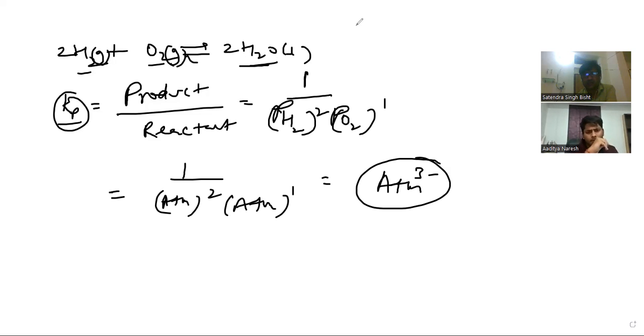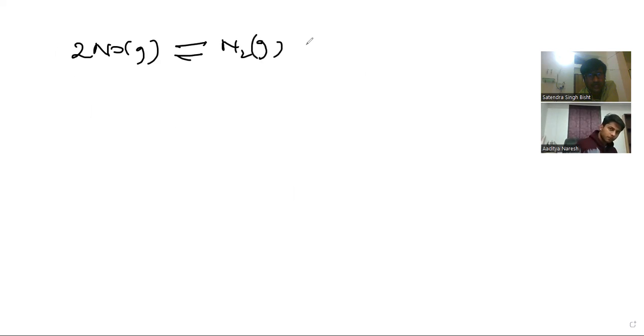Clear? Again, one question is: 2NO gives N2 gas plus O2 gas. What is the unit of Kp?